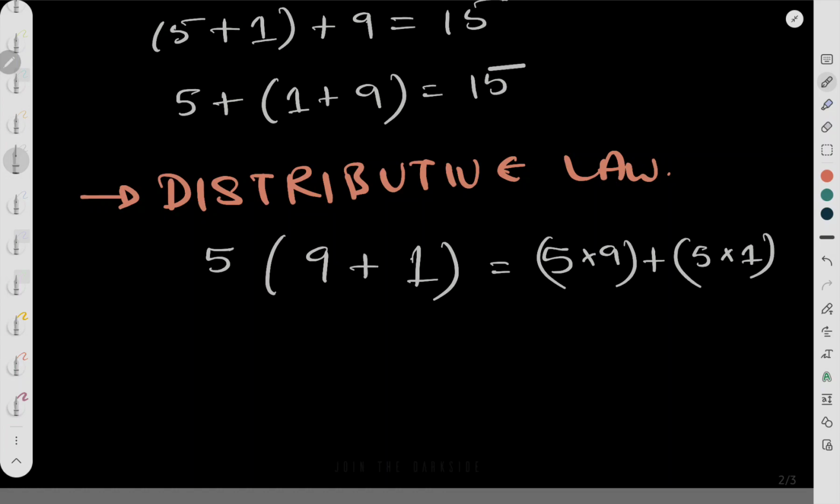So after opening the brackets, the number 5 gets distributed upon the number 9 and the number 1. You multiply, because you have a multiplication sign here. If you don't have anything, that means it's a multiplication. So when you open the brackets, the 5 will get multiplied by 9 as well as the 5 will get multiplied by 1.